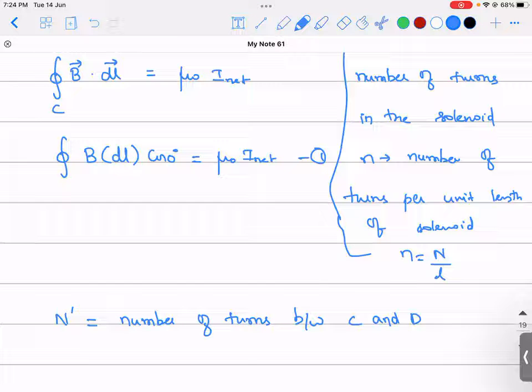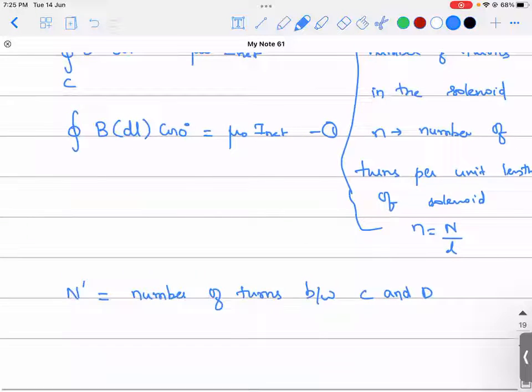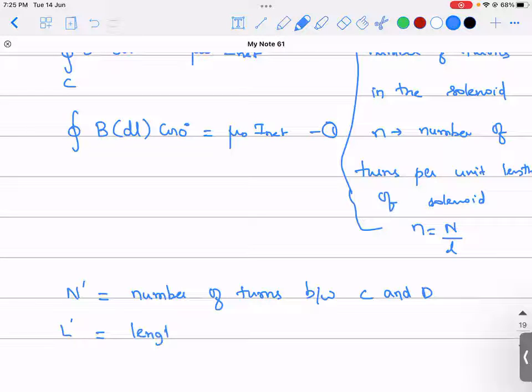So let n dash be the number of turns between C and D, and L dash be the length of CD. Is it clear?